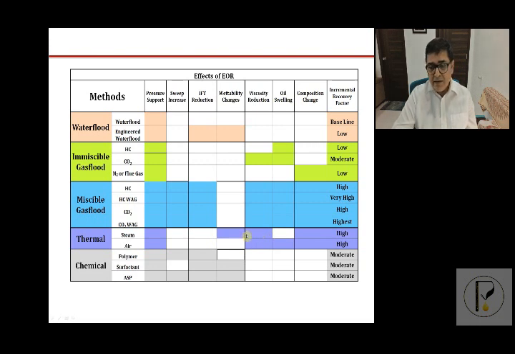Steam, yes, very shallow, less than 1,000 meters, gives an extremely high recovery factor because it targets not only the viscosity, it also reduces the SOR, and I've seen it changes the wettability. In very dirty reservoirs, clayey reservoirs, from oil wet it has changed to water wet because of high temperatures. So you see the effectiveness of thermal.